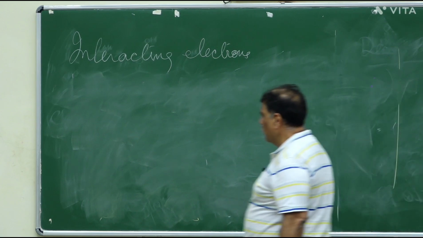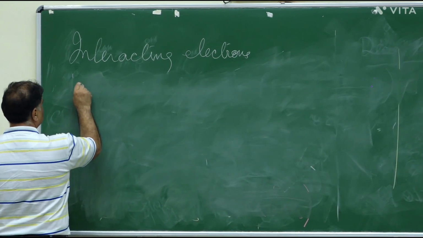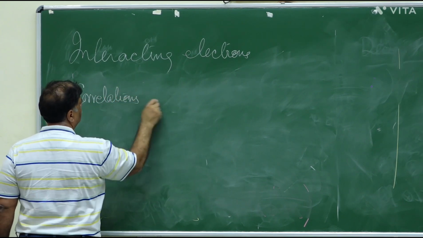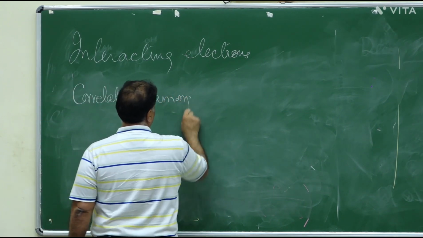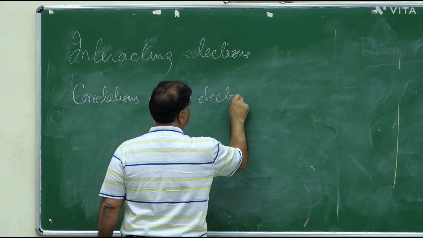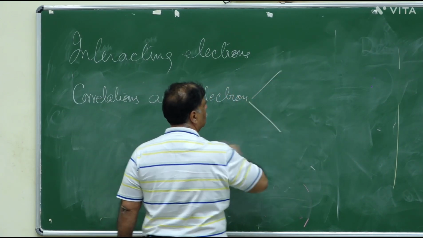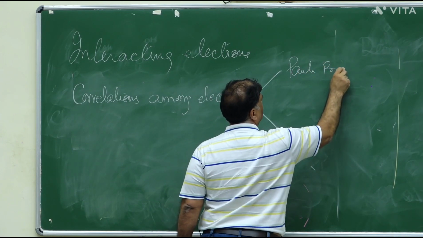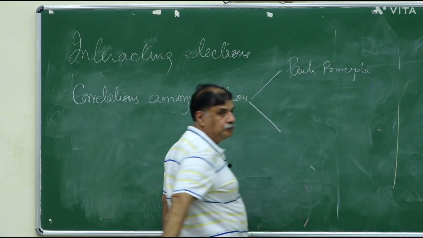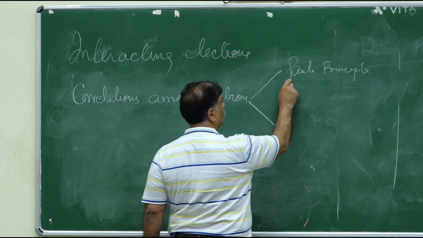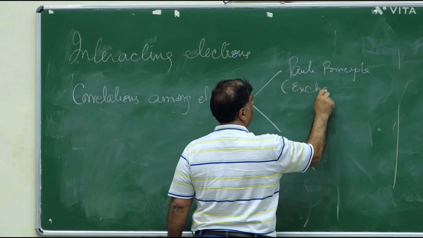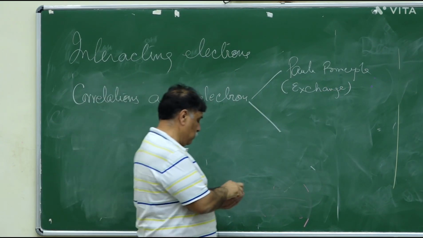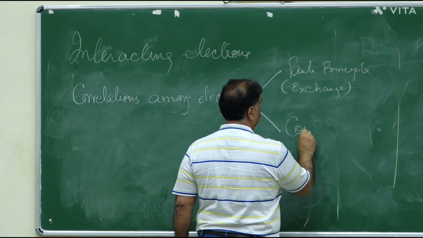What I'm going to define for you is that we have correlations among electrons. One was due to the Pauli principle, and this was exchange correlation. And the other one is going to be due to Coulomb interaction.